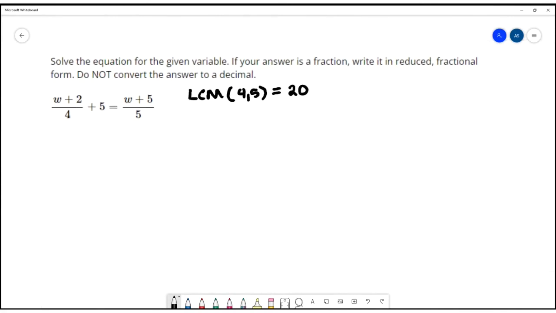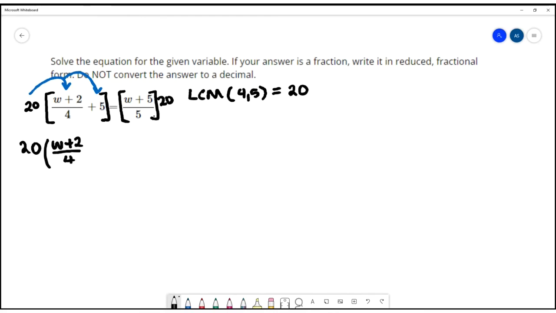We want to multiply that 20 onto both sides of the equation. On the left-hand side, I'm going to distribute that 20 to both terms. This gives 20 times w plus 2 over 4 plus 20 times 5.